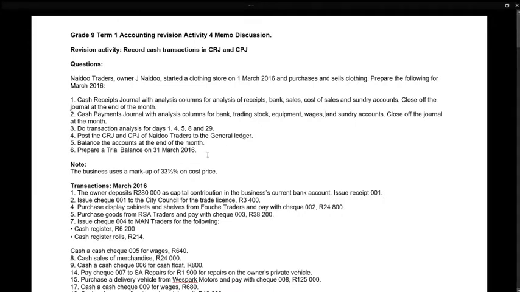That's the accounting equation. And then 4. post the CRJ and the CPJ of Naidoo Traders to the general ledger. Balance the accounts at the end of the month. Prepare a trial balance on the 31st of March 2016.